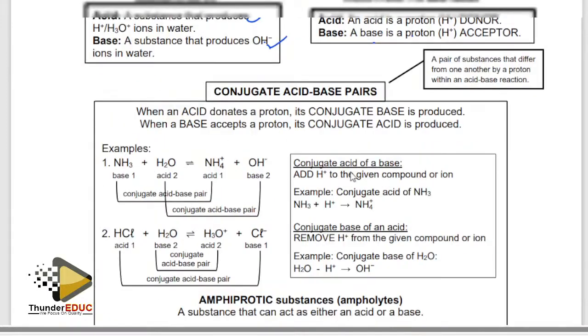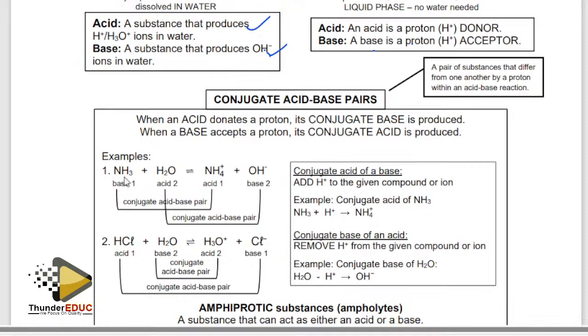Conjugate acid-base pairs, this one is simple. If you identify one side, if you identify the acid, then the other one is going to be a base. What receives the hydrogen ion is the base, and the other side is the acid, because it is supposed to release it. So for example, the hydrogen ion from here is going to be taken to this, so this one becomes the acid and this one becomes the base.